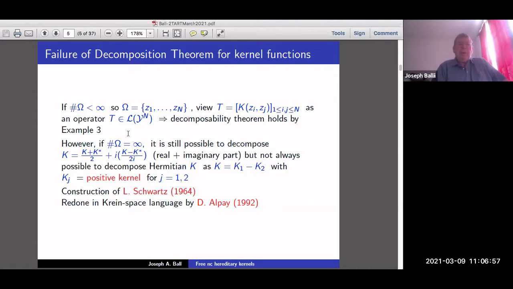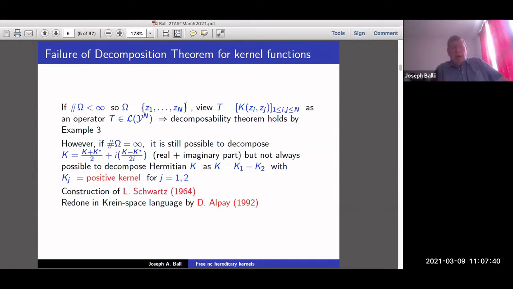However, if the number of points in your point set omega is finite, then it's easy to see you have decomposability, because then you can list the points out and form a capital N by capital N matrix, which we can then view as an operator on N copies of our Hilbert space Y, and then that fits into example 3. So you just have decomposability holding by finite dimensional spectral theory, as was written on the slide for example 3.